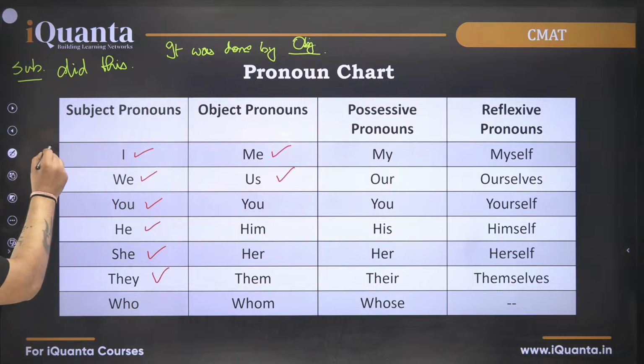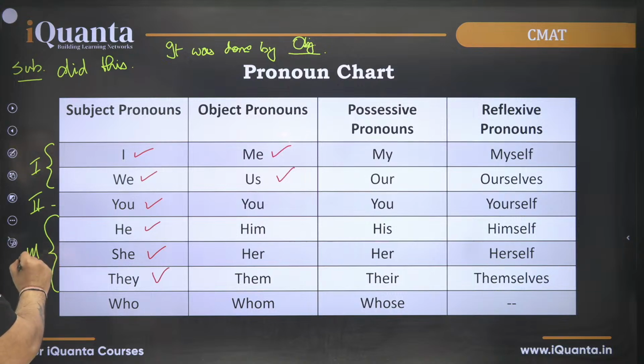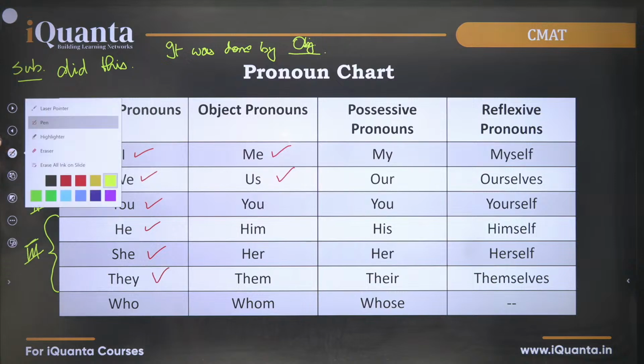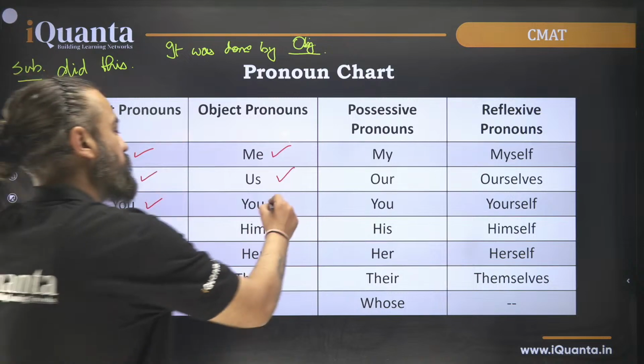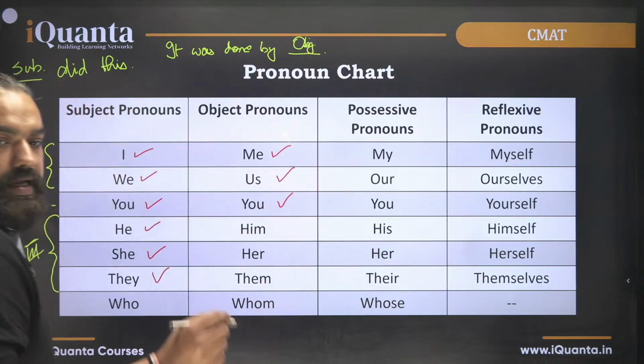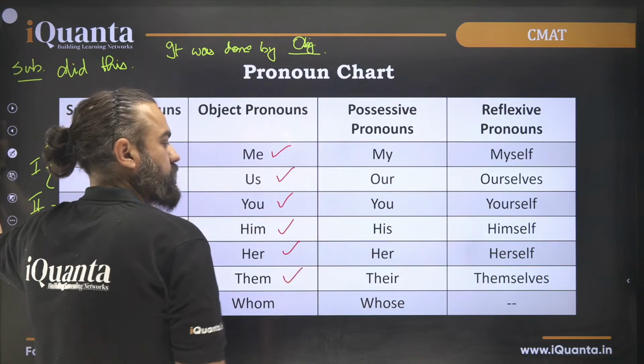So these are both first persons. This is second person and this is third person. Then you have it was done by you. It was done by him or her. It was done by them is also true.